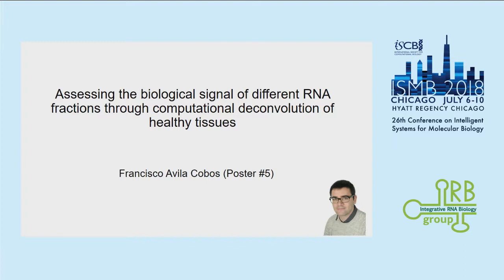And in the last part of my presentation, I would like to focus on a different type of analysis we have been developing, related to assessing the biological signal contained in the different RNA fractions. One way of doing that is through computational deconvolution of tissue expression profiles based on the expression of cell type specific biomarkers.